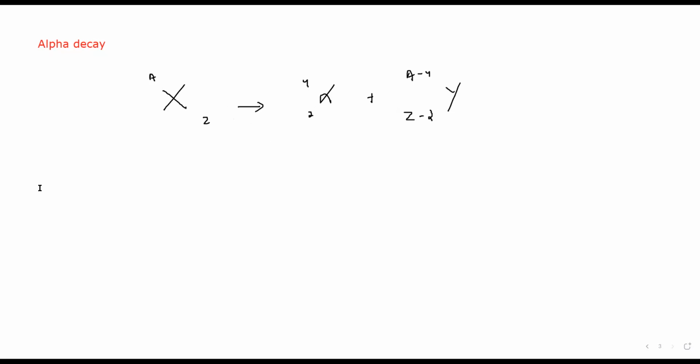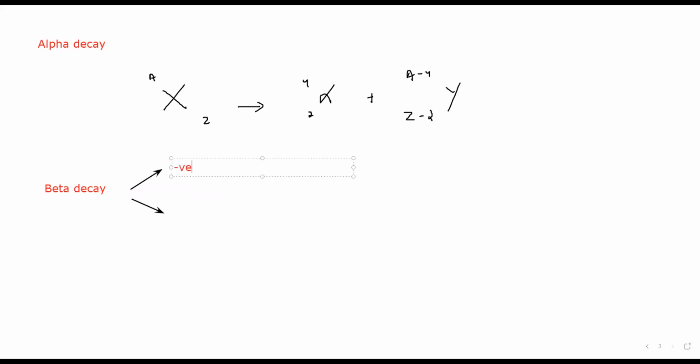For beta decay, beta is of two types. It can be a positive beta decay or a negative beta decay. What happens in a negative beta decay? An electron is emitted. And what happens in a positive beta decay?